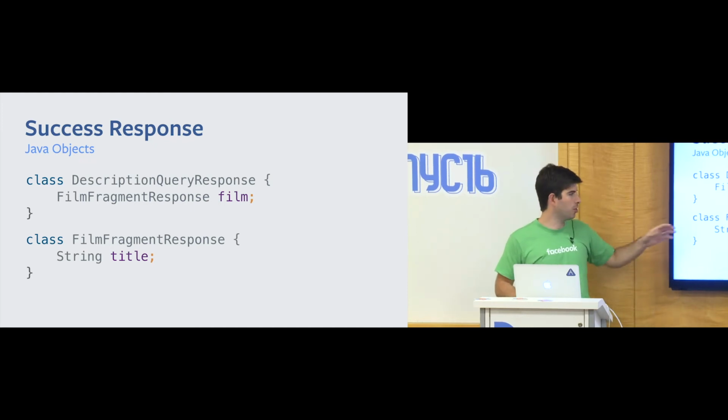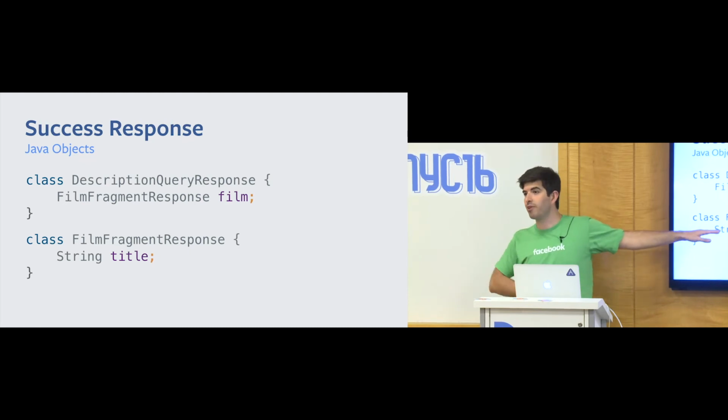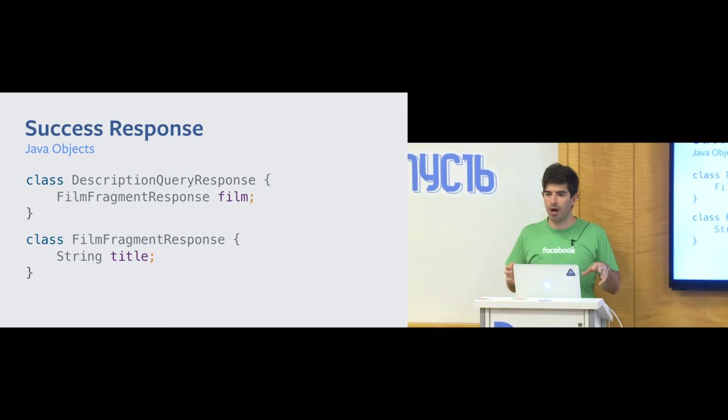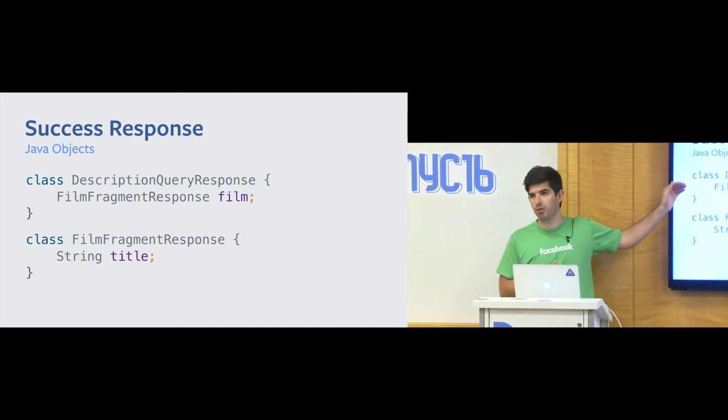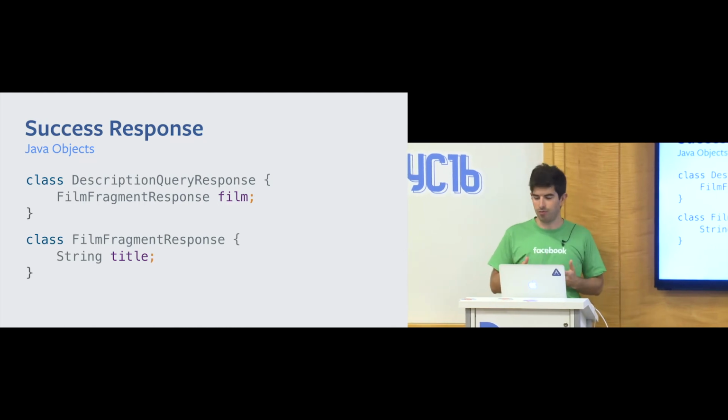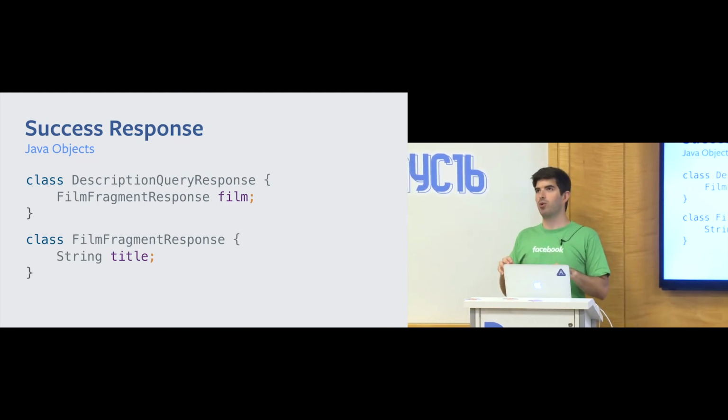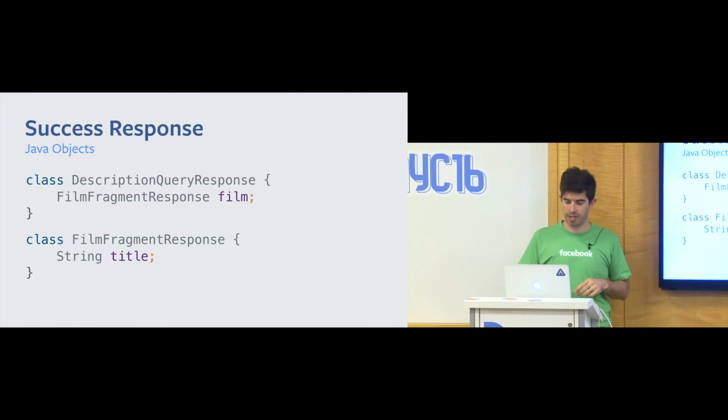And there are also other classes you need to fill out for the fragments you asked for. This gets into how you structure the code in your app, and I think that's open to interpretation. But assuming you have one class for each fragment, you need to embed that into the response and so on and so forth, so that you have objects for serializing and deserializing everything. I'll circle back to that in a bit.